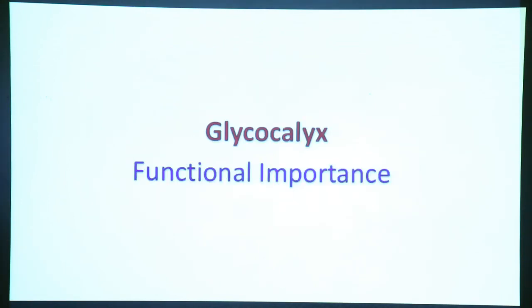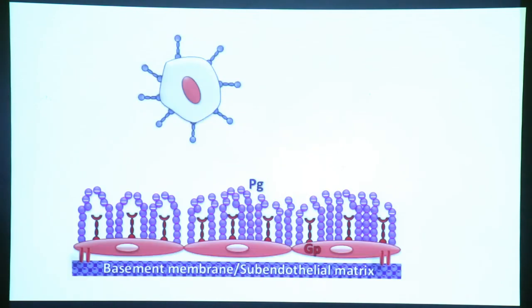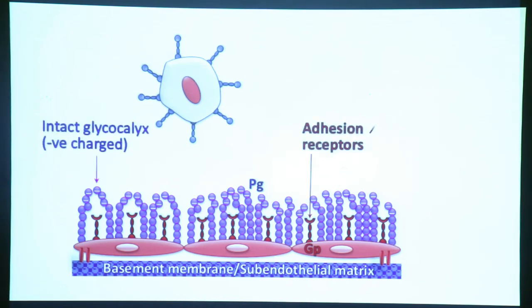What's the functional importance of glycocalyx? Last two slides, just bear with me. Like I told you, these are the proteoglycans, which are trees with their branches covering or shading the glycoprotein receptors here, right? So there are adhesion receptors which are protected by the proteoglycans and the side chains. You have different types of receptors.